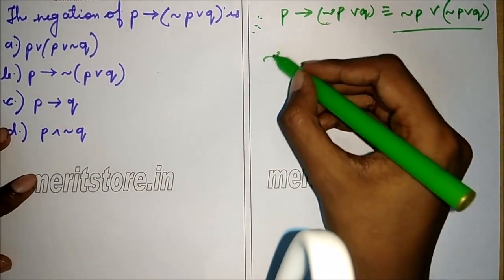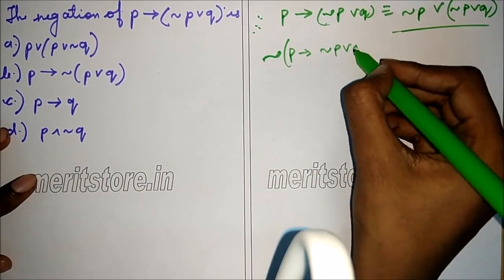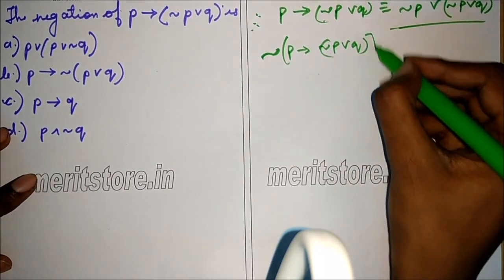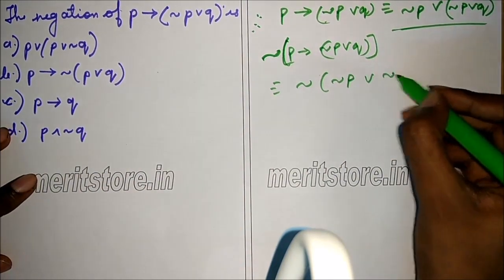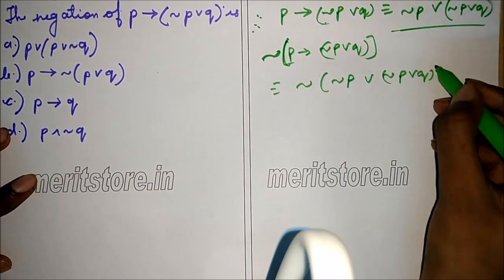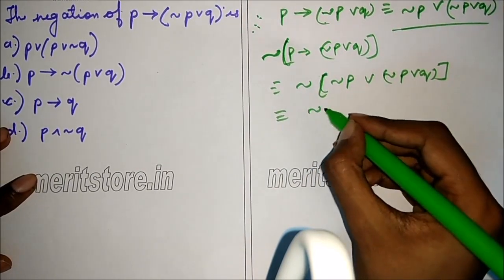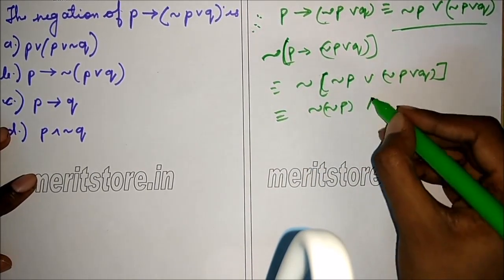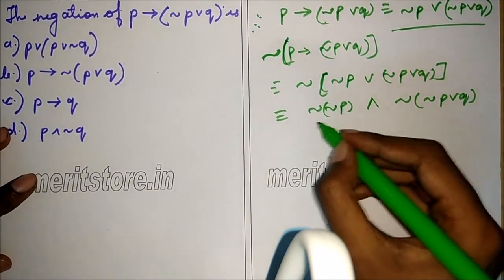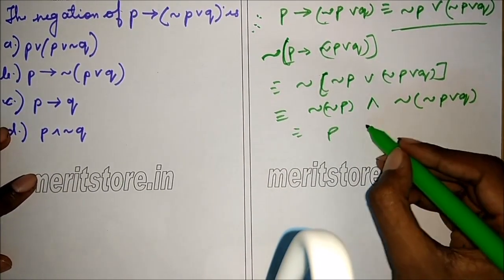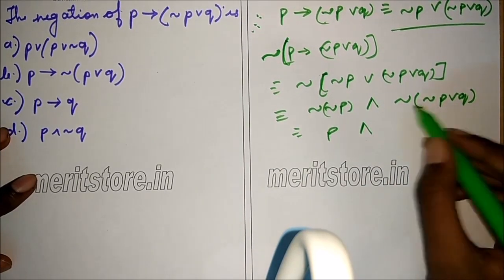Now we use negation. So negation of P implies negation of P or Q is equivalent to negation of negation P or negation of P or Q. So now we bring negation into the bracket. So negation of negation P, negation of or is and, negation of negation P or Q. So negation of negation P is P, and negation, again we bring the negation into the bracket.